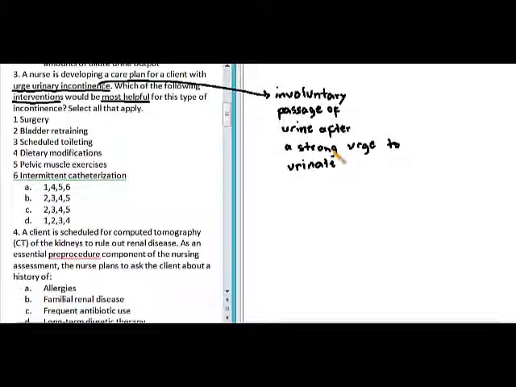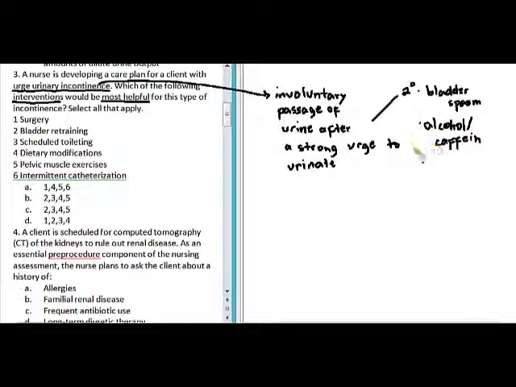Okay? Possible cause would be secondary to bladder spasm. What else? Alcohol or caffeinated drinks, caffeine.